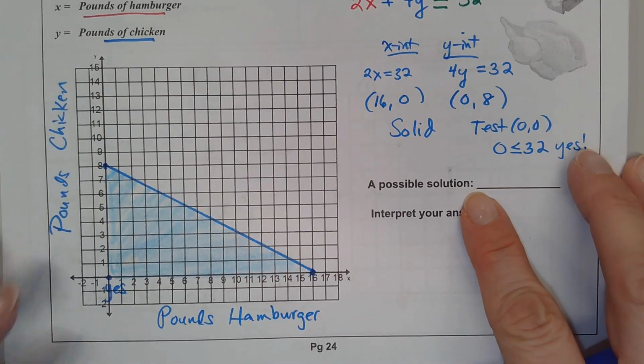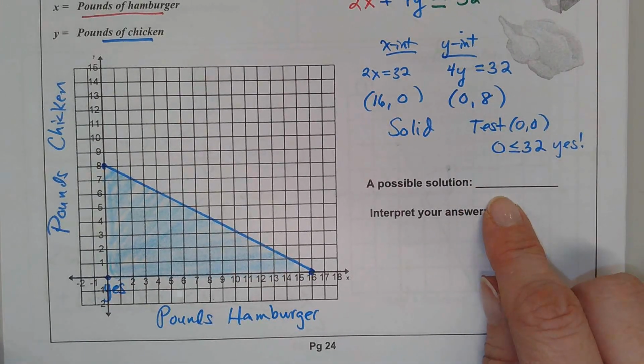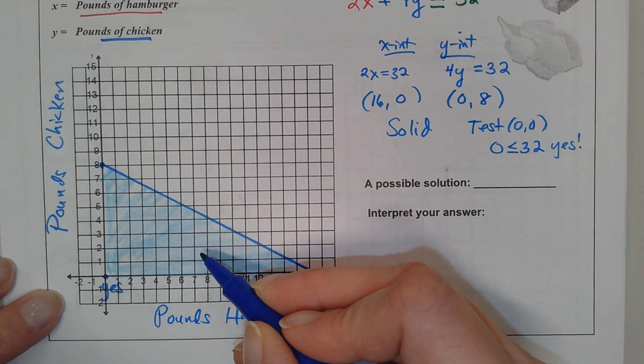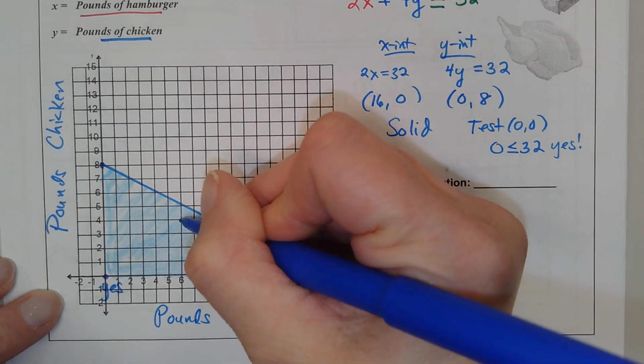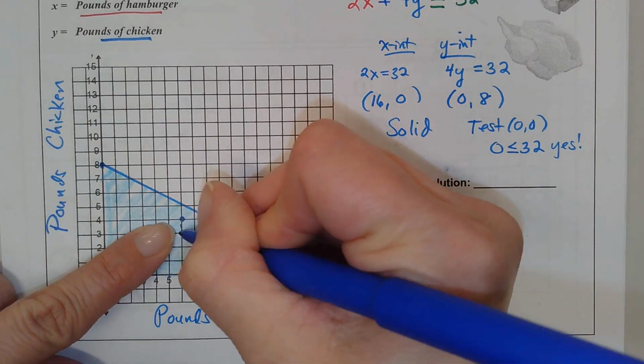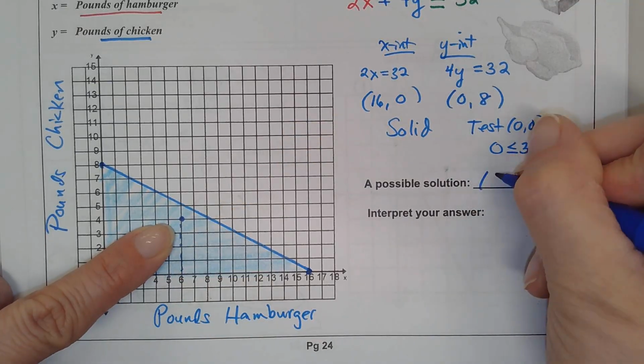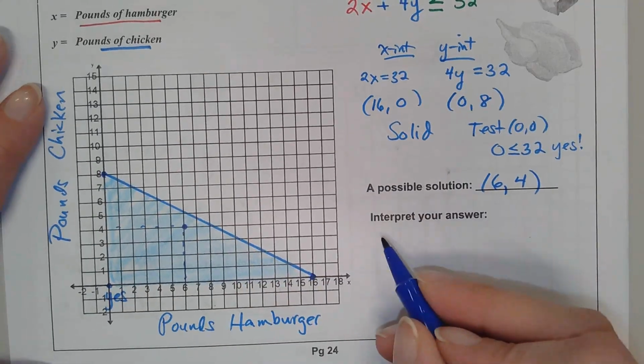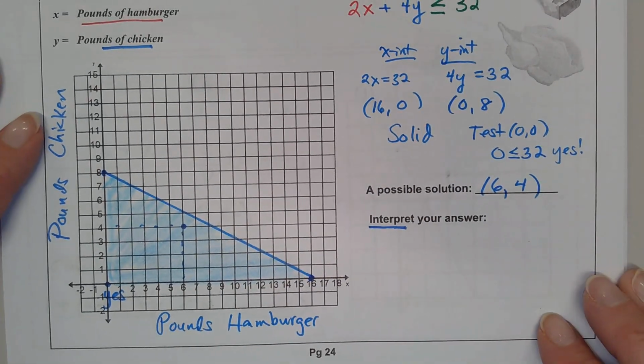What is a possible solution for this graph? As long as you picked one in here, you would be correct. I'm gonna pick this one right here. We have 6, comma 4. Okay, and interpret means to explain.